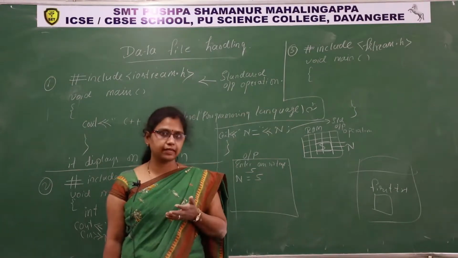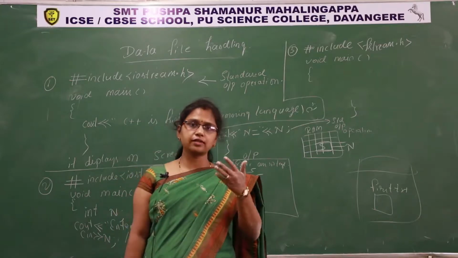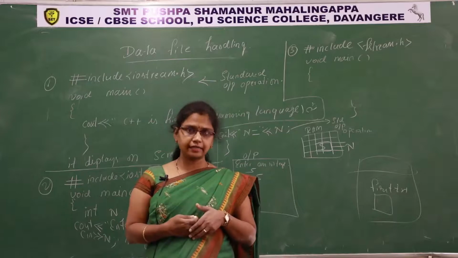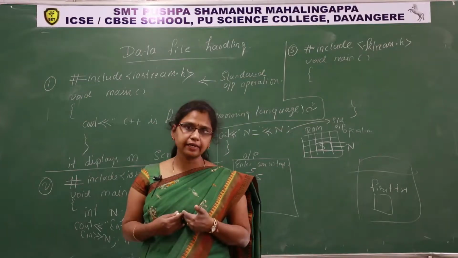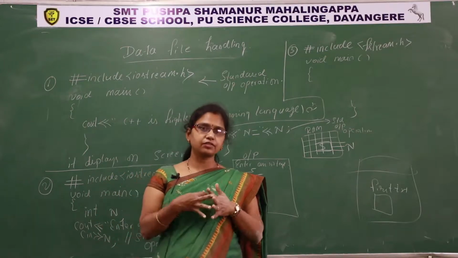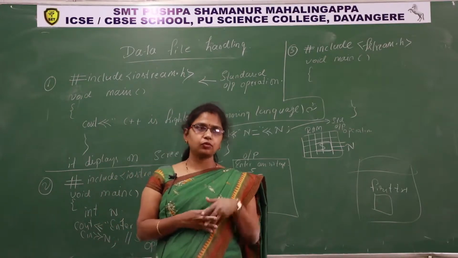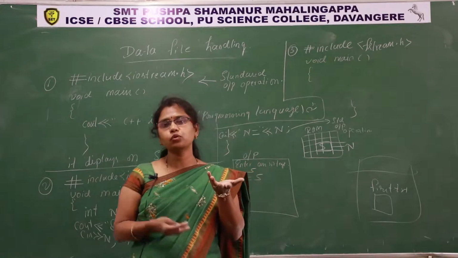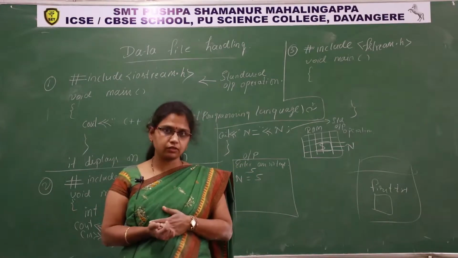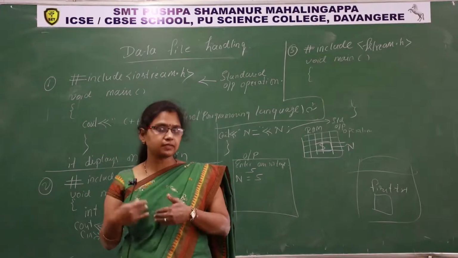This is function overriding. All these three classes have the same function name, and there is an inheritance. ifstream properties and OFstream properties are inherited to Fstream class. So ifstream also having open function, OFstream also having open function, Fstream also having open function. So function overriding concept is there in that.